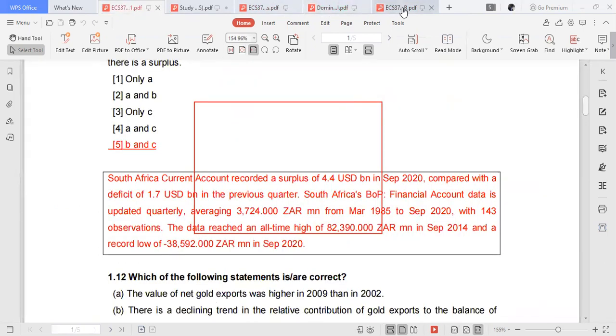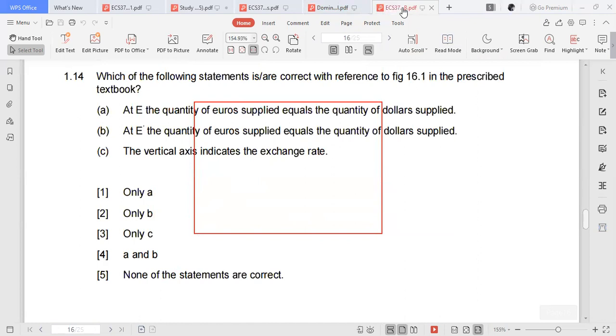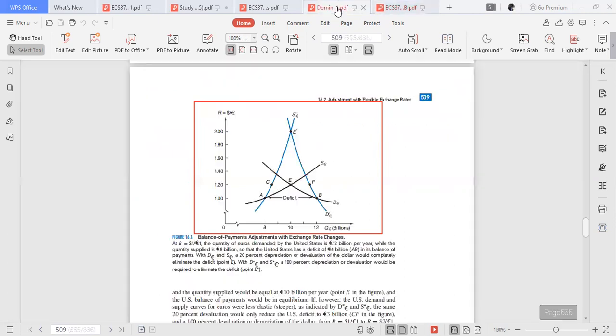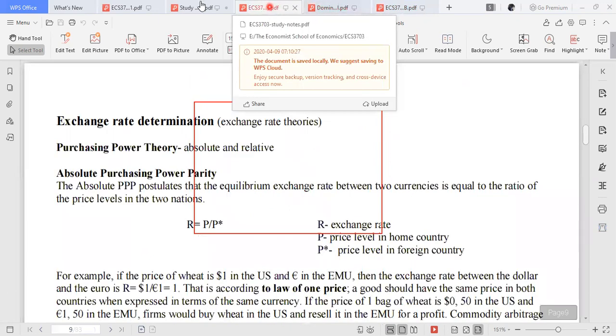Okay, where's the question paper? Which of the following statements is or are correct with reference to Fig 16.1 in the prescribed textbook? At E, the quantity of euros supplied equals the quantity of dollars supplied. That is the first option.